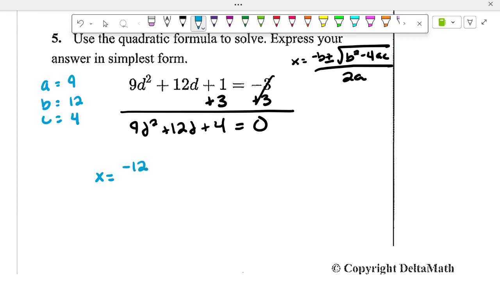Negative 12, because remember, the negative is part of the formula, so we got to change it. Plus or minus the square root of what? 12 squared minus 4 times 9 times 4, all over 2 times what?